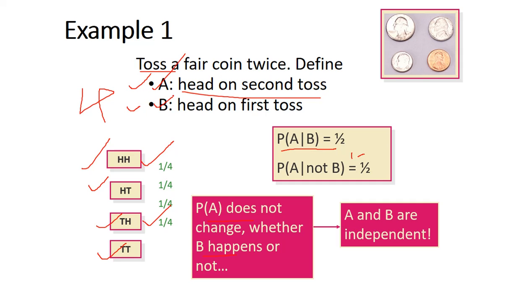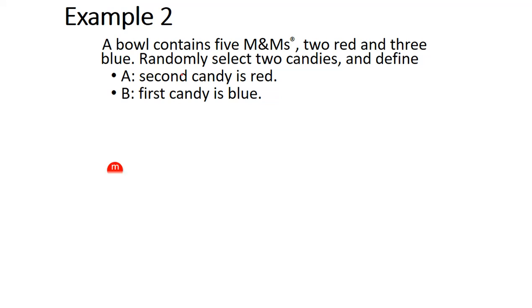Now we will see one example for dependent events. A bowl contains 5 candies, 2 red and 3 blue. Randomly select 2 candies and define A: second candy is red, B: first candy is blue.